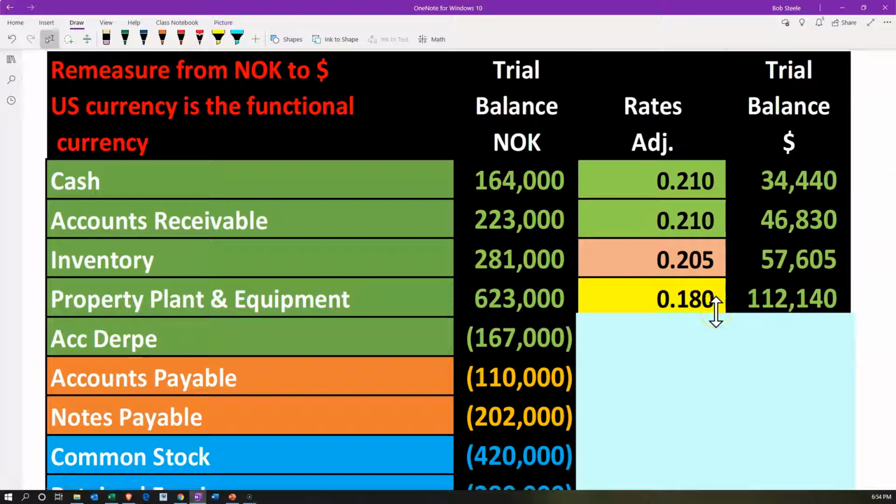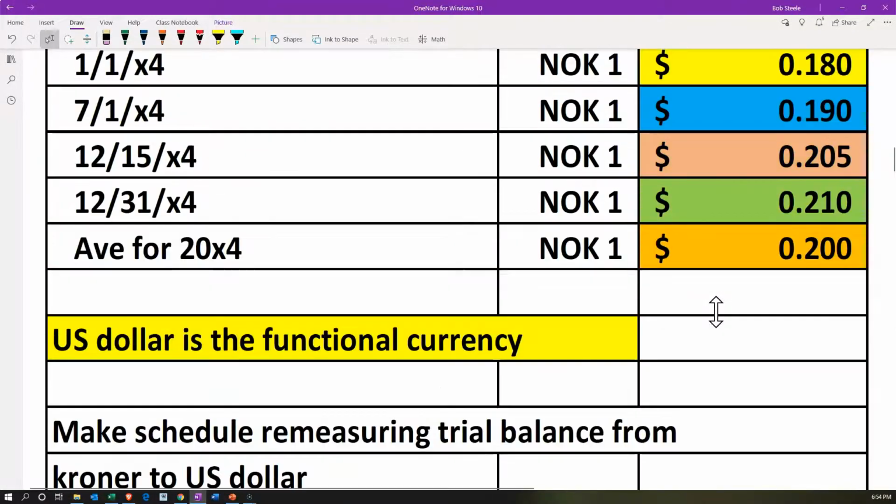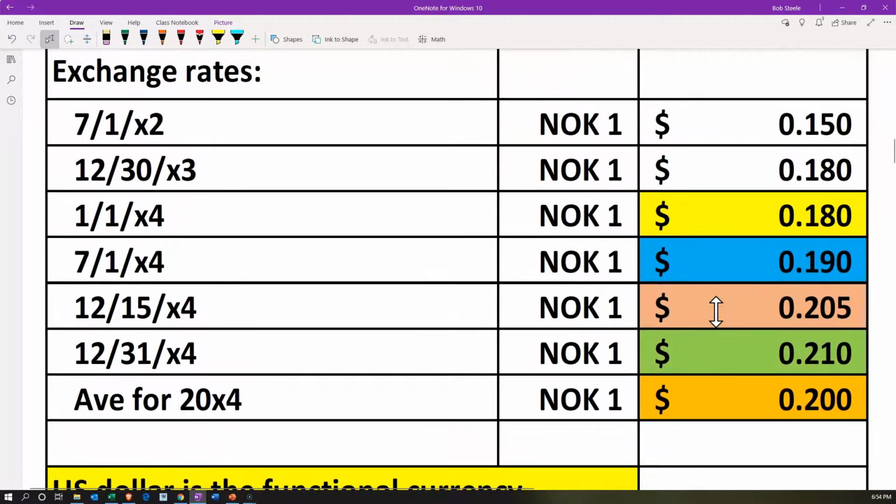Then we've got the property, plant, and equipment. We're going to use similar logic there. We don't purchase a lot of property, plant, and equipment, so maybe we can pick those out, since those are large purchases, and figure out when the purchase happened and use the historical rate, which is what we would basically do. But we know that the purchase of the subsidiary took place at the beginning of the year, and that's a market transaction in and of itself.